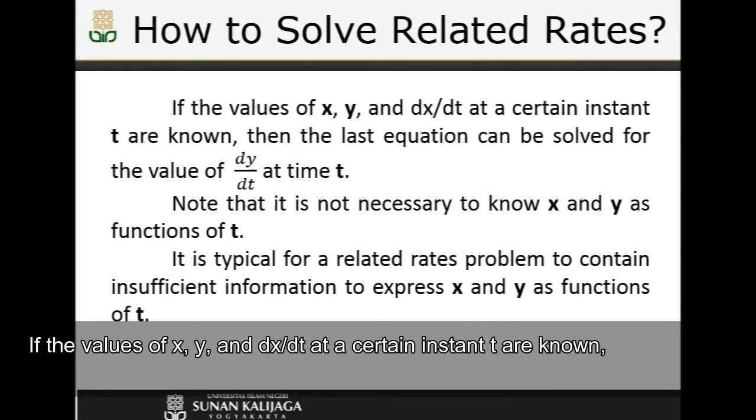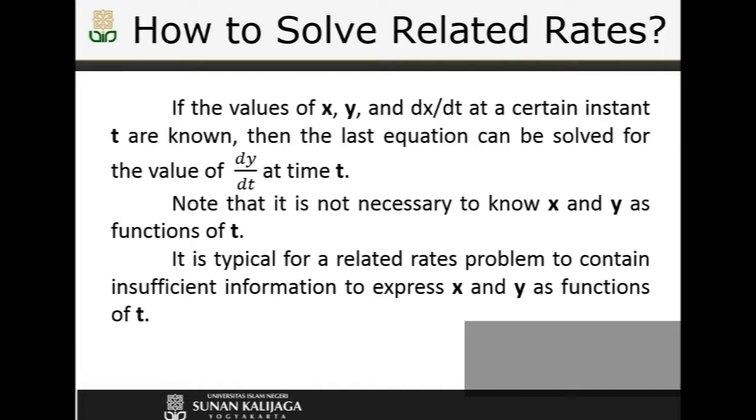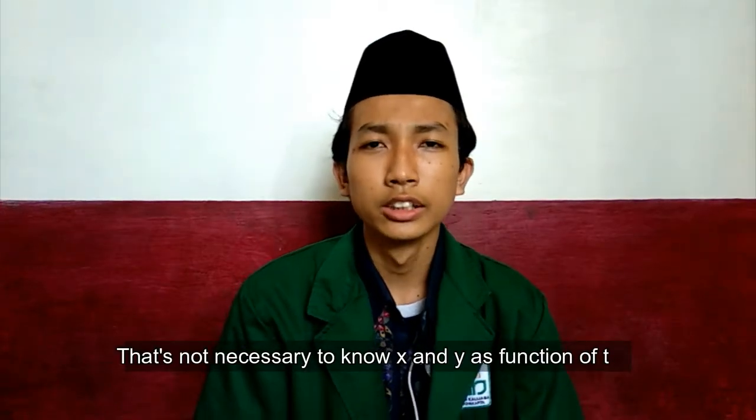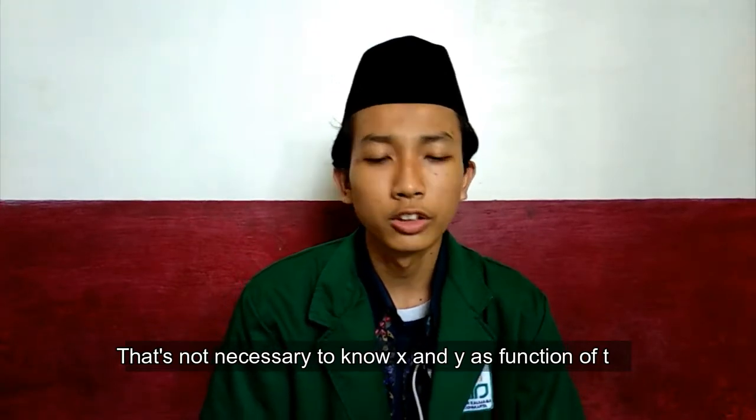If the values of x, y, and dx over dt at a certain instant t are known, then the last equation can be solved for the value of dy over dt at time t. It is not necessary to know the values of x and y as functions of t.